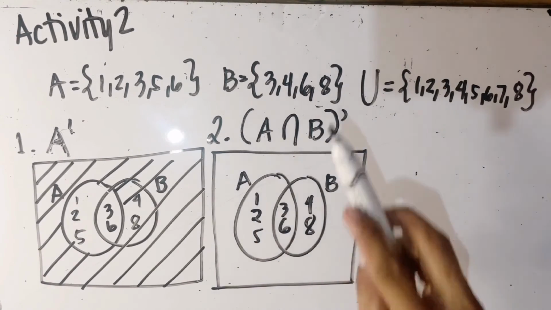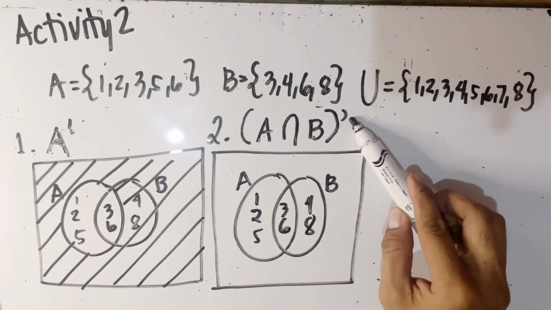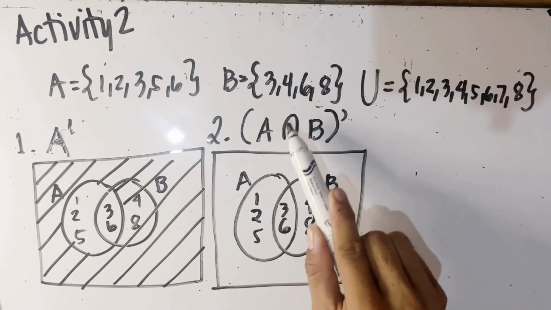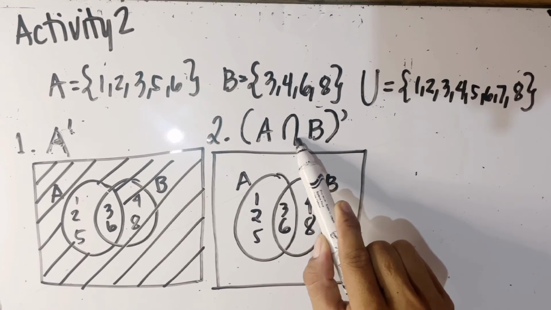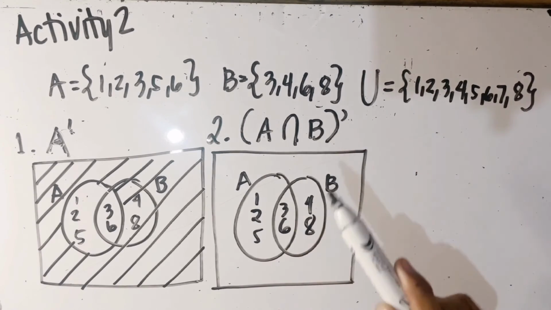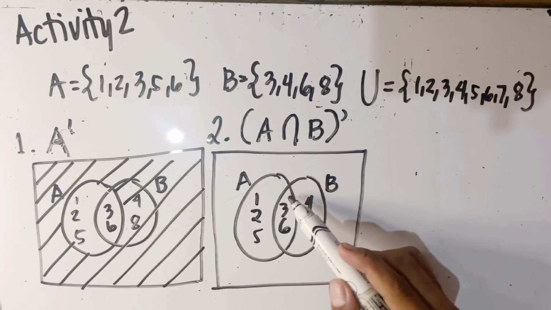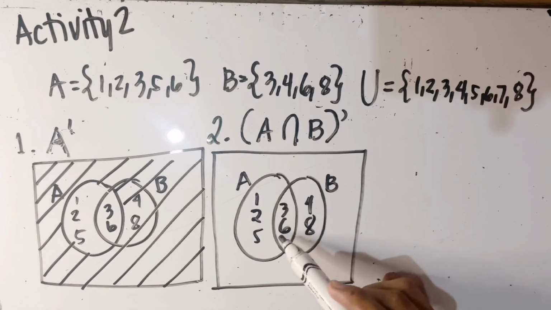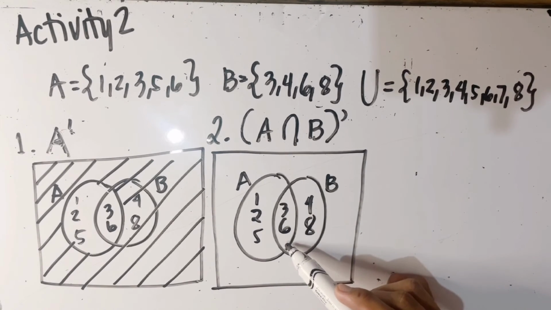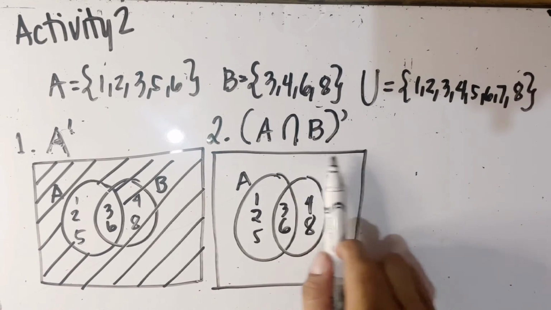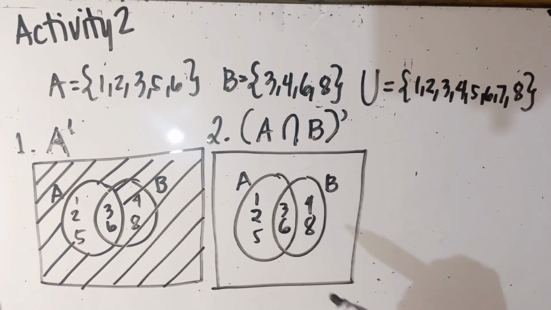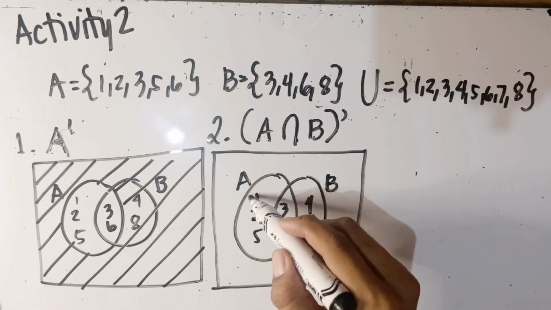Next, before we do the complement, first let's solve what is inside. It means intersection. And that means the common of A and B. The common part of A and B is 3 and 6. So, 3 and 6 will not be shaded. What will be shaded is the rest of the circle and outside the circle. So, we will shade this part.